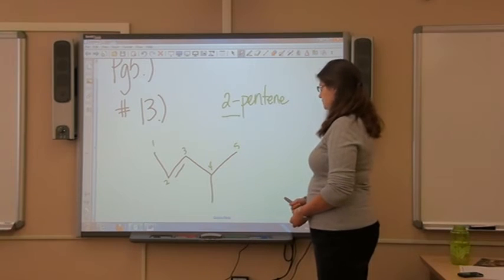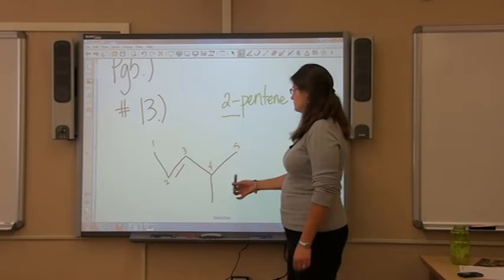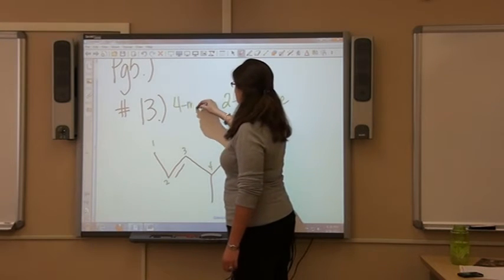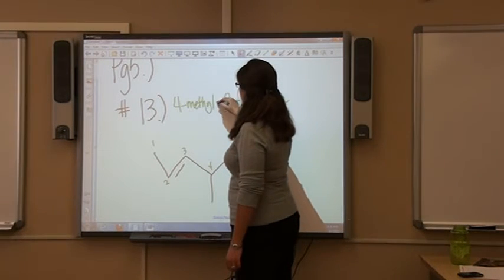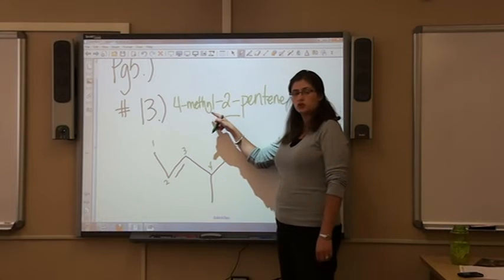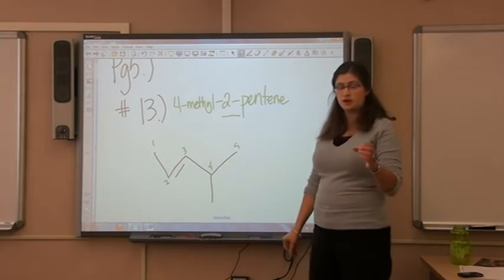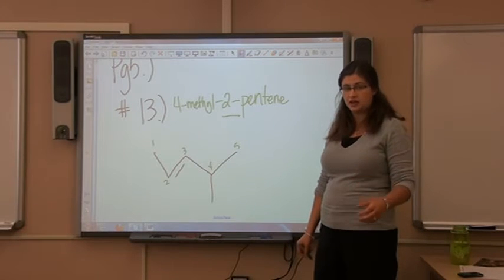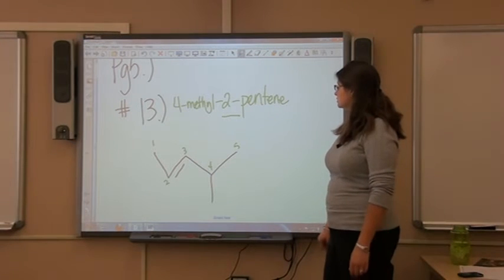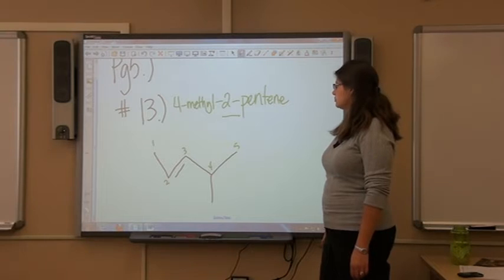You have to have that. And then you just have a 4-methyl. And remember, here you have a word and a number, so you have to put a dash there too. Every time you have a separation, you have to have that dash. 4-methyl-2-pentene.